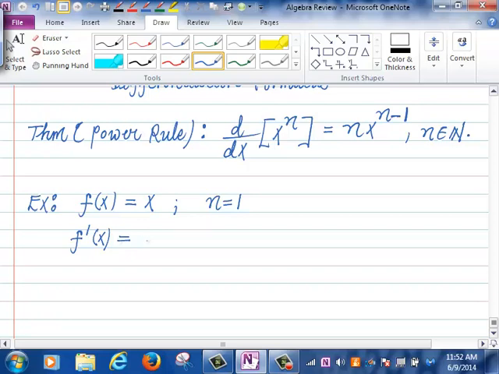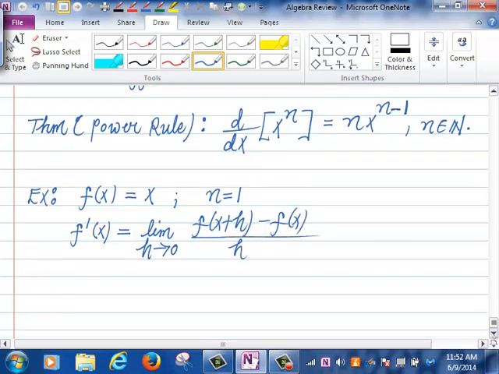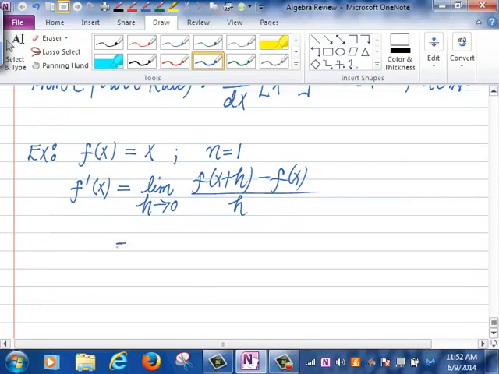Well, it is by definition the limit as h goes to 0 of f of x plus h minus f of x divided by h, and this is equal to the limit as h goes to 0 of x plus h minus x, right?